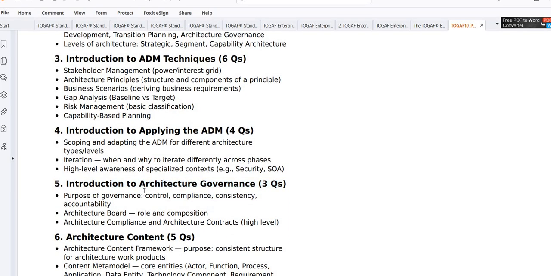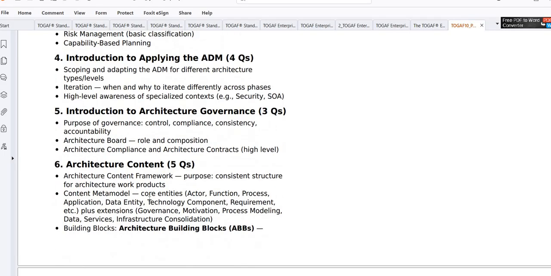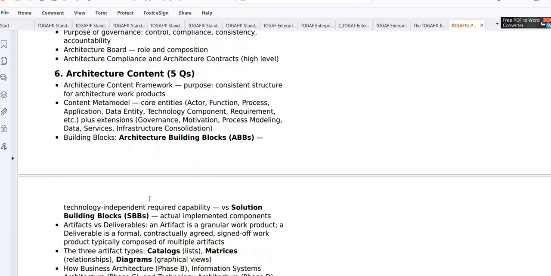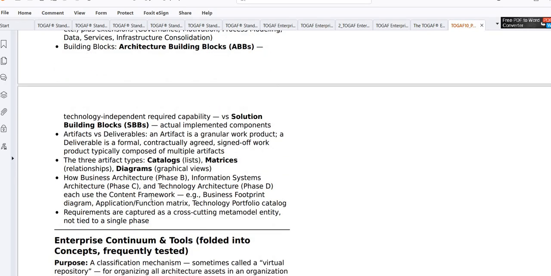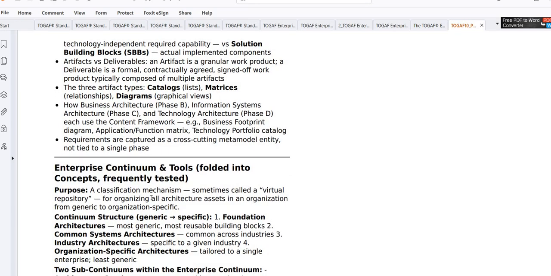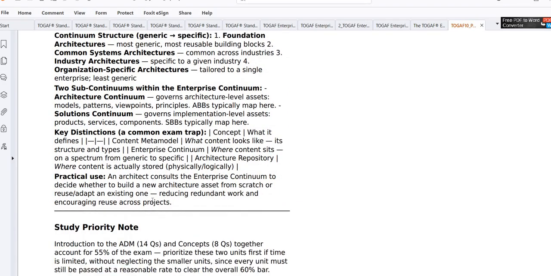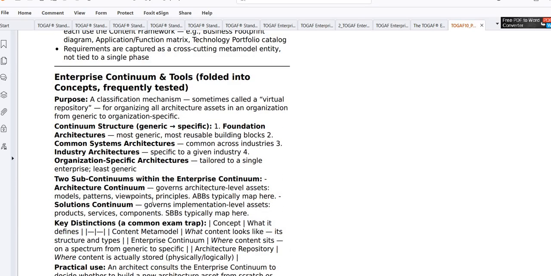You can see architecture governance and the architecture content framework. The Enterprise Continuum is a very important concept to pass the TOGAF exam Part 1. So the definitions and the very important tools, how you are going to propose the classification mechanism. These are the main important syllabus topics you have to note down.